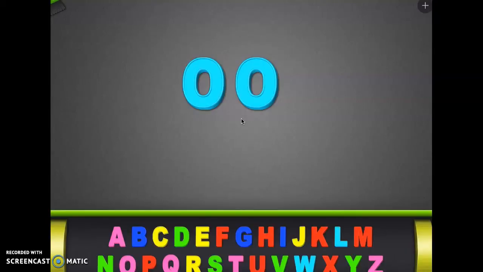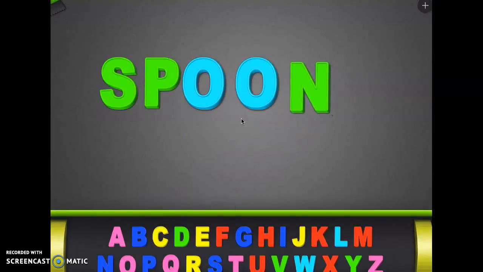Spoon. There we go. S-P-O-O-N spells spoon.